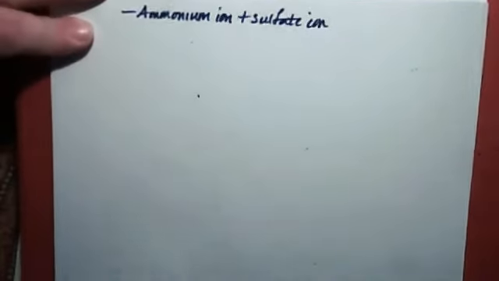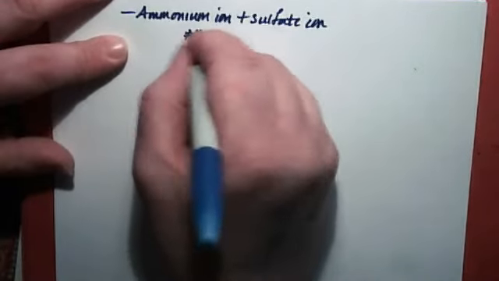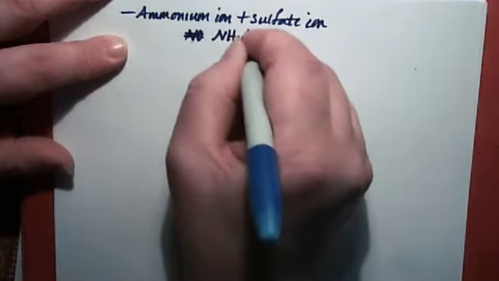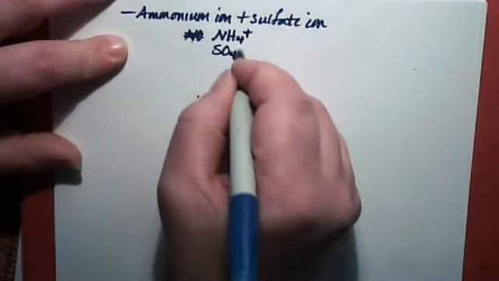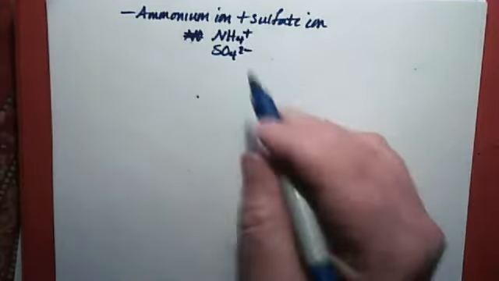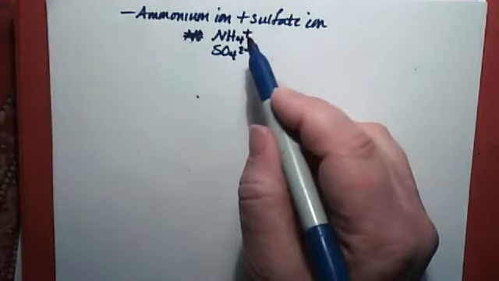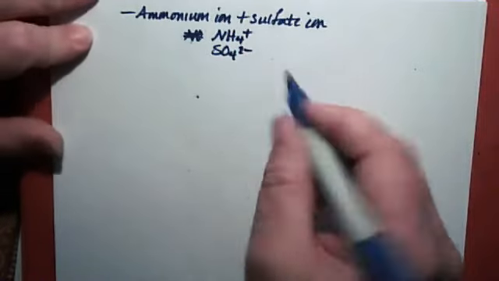If you look at a compound formed from the ammonium ion and the sulfate ion, the ammonium ion, of course, has the formula NH4+, and the sulfate ion has the formula SO4 2-. Clearly, it's going to take 2 of the +1s to cancel out the 1 2-.